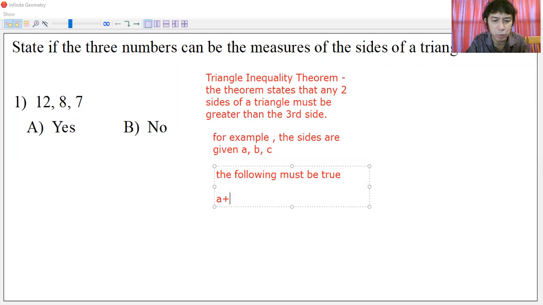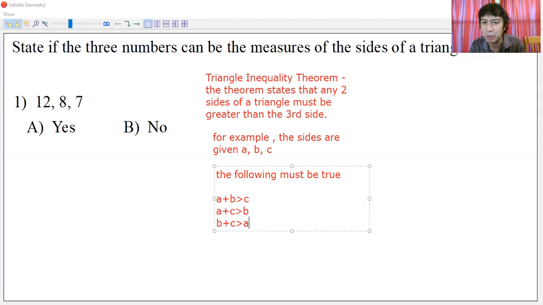A plus B must be greater than C. A plus C must be greater than B. Also, B plus C must be greater than A. And this must be all true before a triangle is stated to be a valid triangle, a closed figure. Otherwise, it won't be a closed figure.